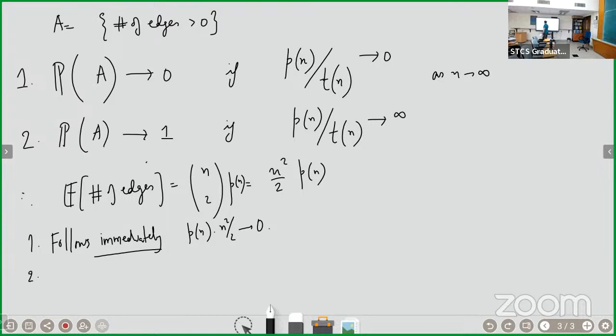But if P of n times n square by 2 goes to infinity, then what happens? Then the expected number of edges is going to go to infinity. Does it mean that this is 1? That requires a little bit of guess.